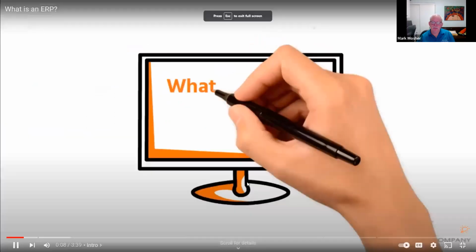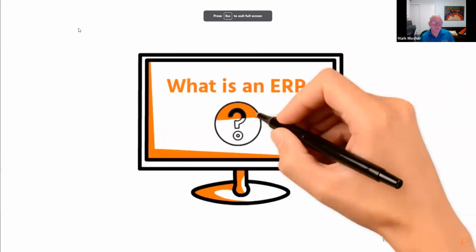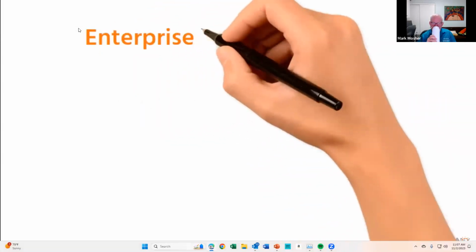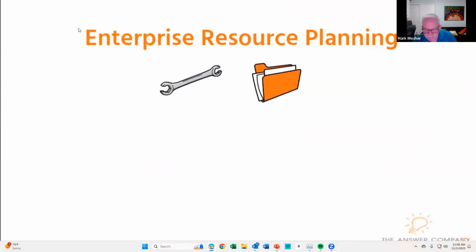What is an ERP? ERP software has been considered a business necessity for decades now, but what really is an ERP? ERP is an acronym for Enterprise Resource Planning. In other words, an ERP is a tool for managing information.